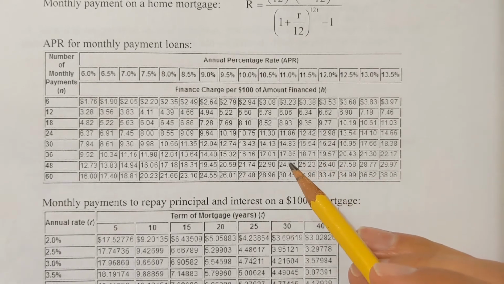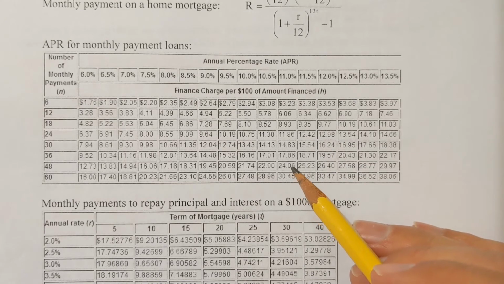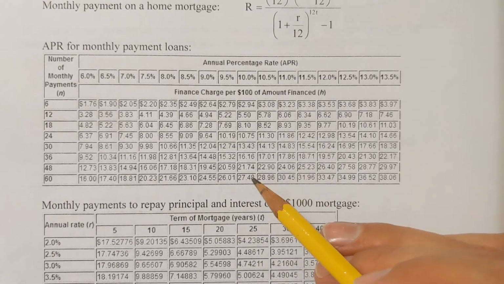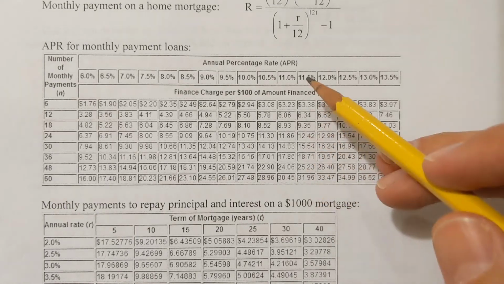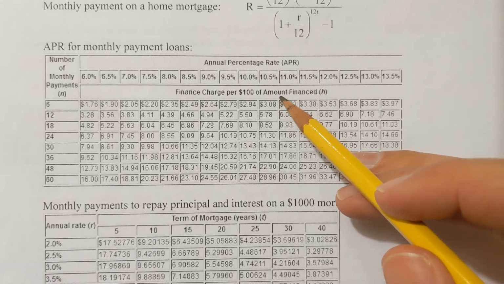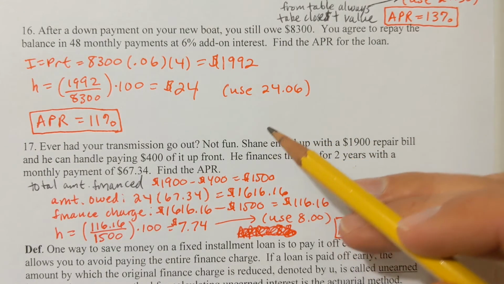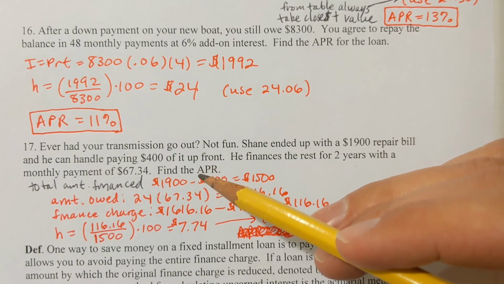Okay, but if I scan the row there, 24.06 is the closest to 24. Now you always want to take the closest value, not the one that's to the right or to the left or anything. You always take the closest value. Okay, and that's going to put us in the 11% column. So the APR for the loan is 11%. Okay.